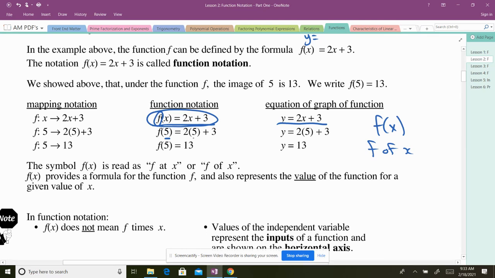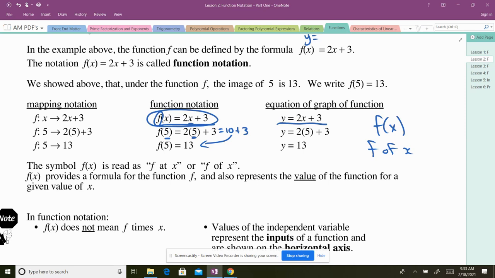Gets substituted in for the x, okay? And then you can evaluate it. So I'd go 2 times 5 is 10, plus 3 gives me 13. So whatever's in the brackets substitutes in for your x value, and then you can evaluate the function.